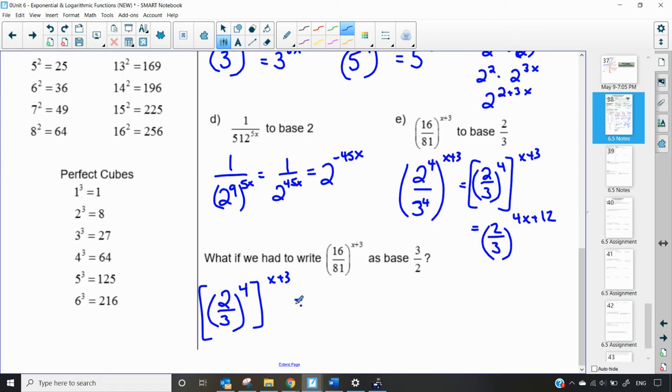But we want our base to be the reciprocal of this. So if we make it the reciprocal 3 over 2, that means that our exponent has to become negative. And so we write everything out and then we simplify. So 3 over 2 to the negative 4x minus 12.